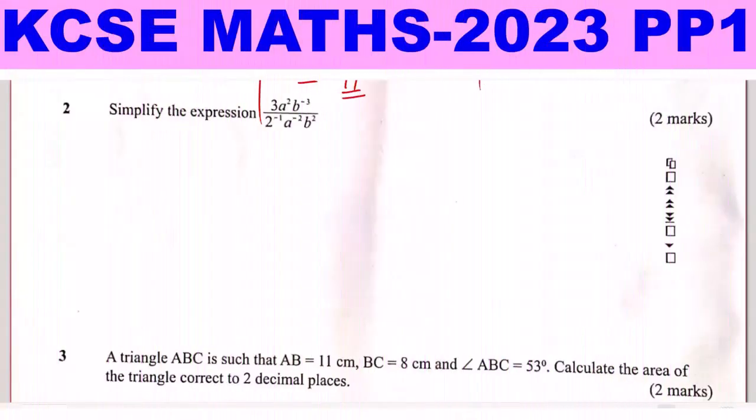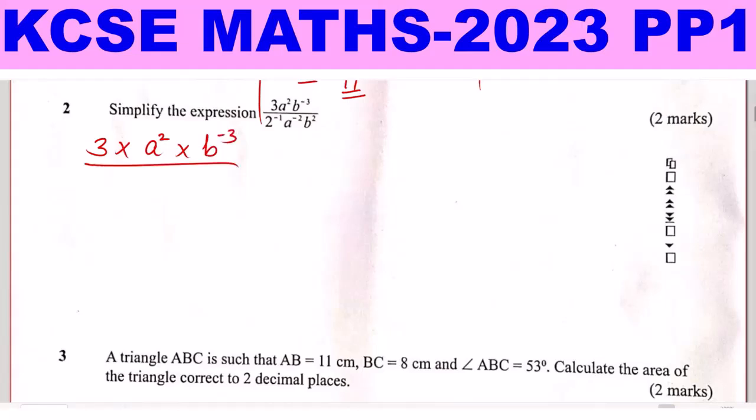Question 2. Simplify the expression. Now to simplify this, I will split the terms in the numerator and the denominator. And this is how I'm going to split it. For the numerator, 3a squared b raised to power negative 3, let me split that to have 3 times a squared times b raised to power negative 3.